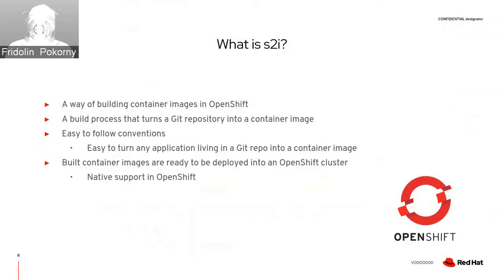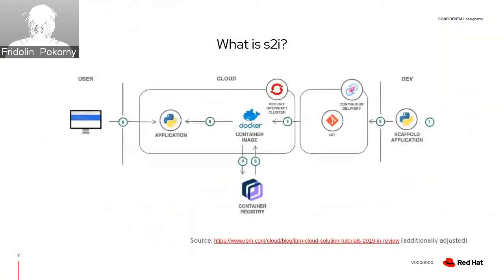In the worst case, you need to add some more things, but it's quite straightforward. These built container images are then deployed and run inside an OpenShift cluster with native support in OpenShift, and you can very easily scale these applications built using s2i, and benefit from cluster deployment and all the things that come with it.